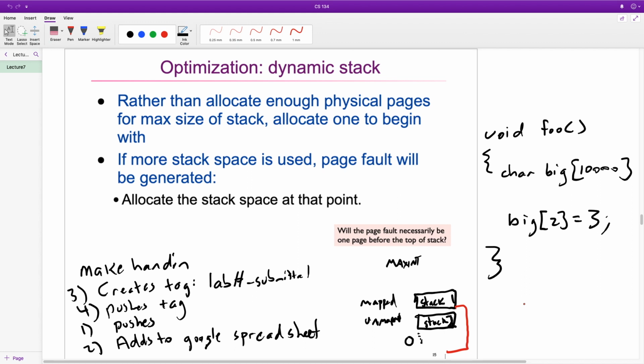Some of you I noticed on your homework allocated all the pages when you were doing the dynamic allocation of the sbrk, and there was no reason to do that. You just need to do the one they're using, because they'll never know if you don't map stuff that they never use. So I would tend to suggest just do the one stack page.